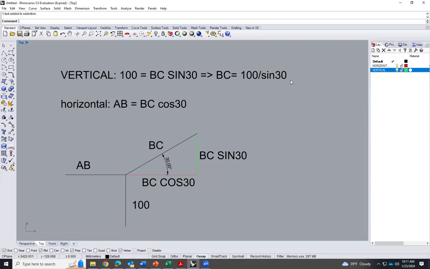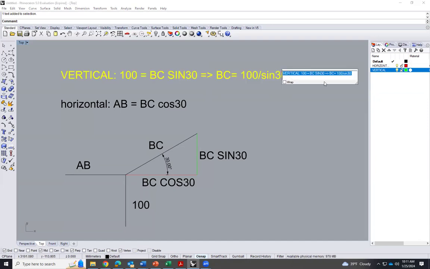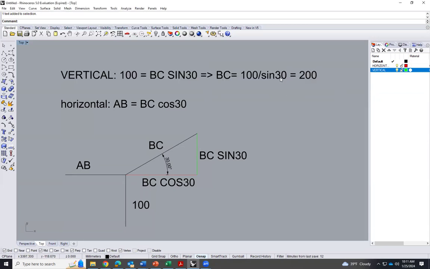Sine 30 is 0.5, so BC equals 200. Okay, sine 30 is 0.5.